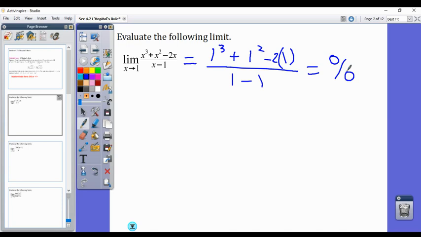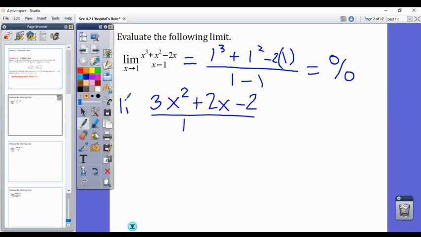So what we're going to do is we're going to take the derivative of both the numerator and the denominator. And you're doing this separately, okay? So we're not doing the quotient rule in this case. So I'm going to get 3x squared plus 2x minus 2 over 1.